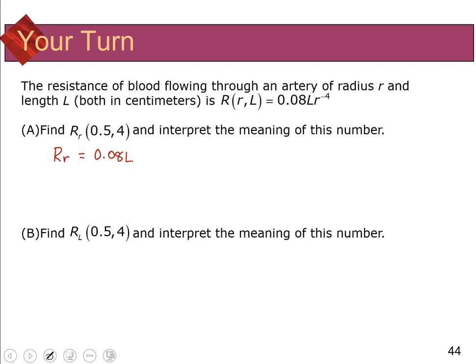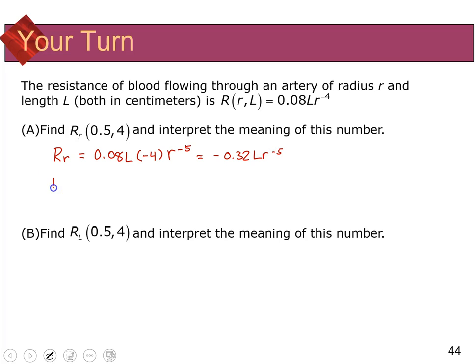When I do the derivative of r to the negative 4 power, I'm going to have negative 4 r to the negative 5 power, which is going to be a negative 0.32 L r to the negative 5.